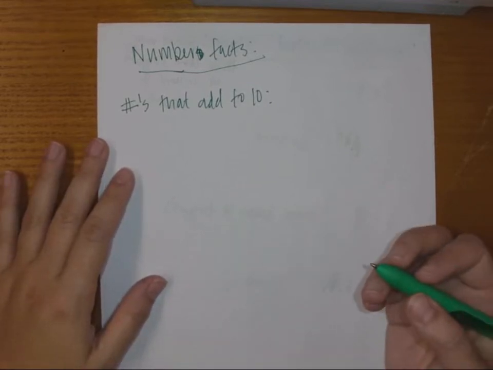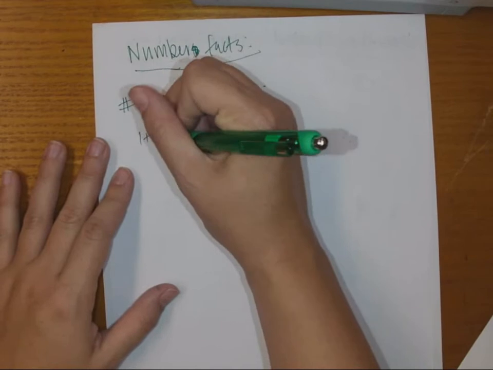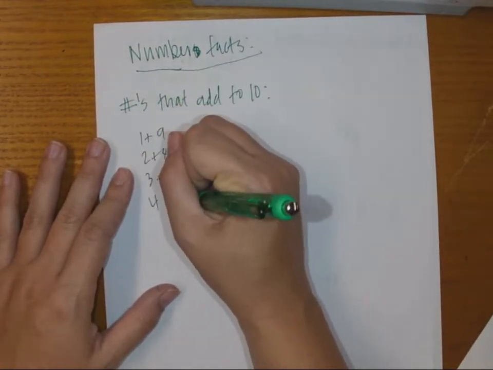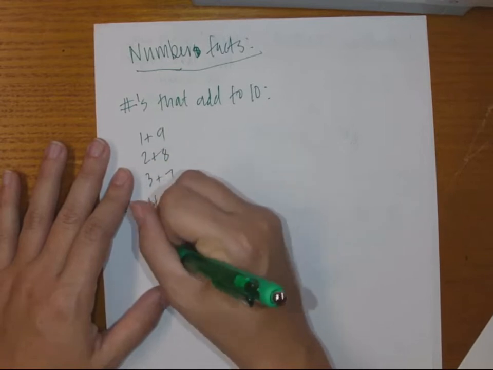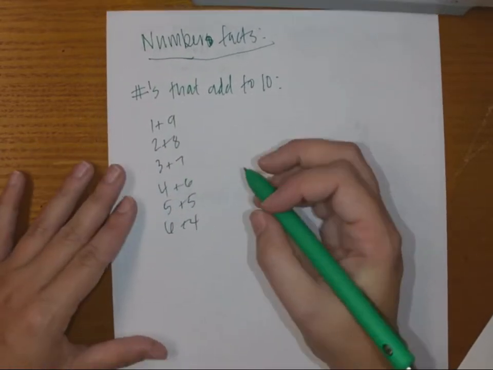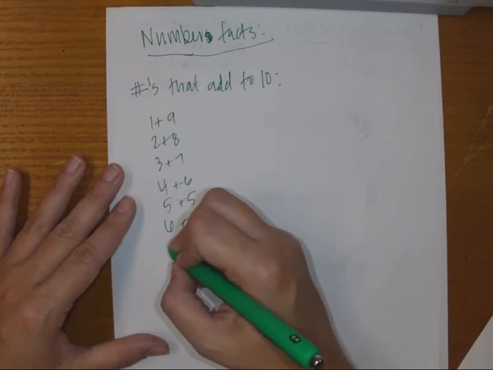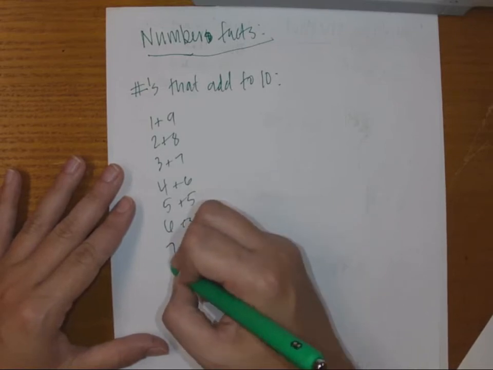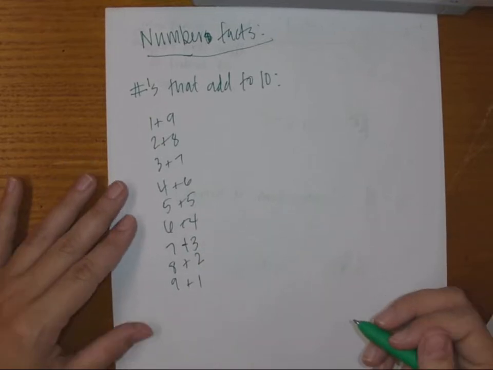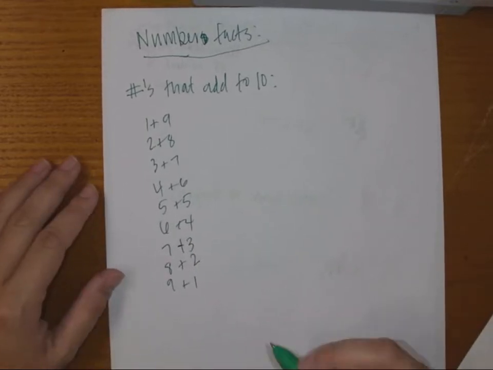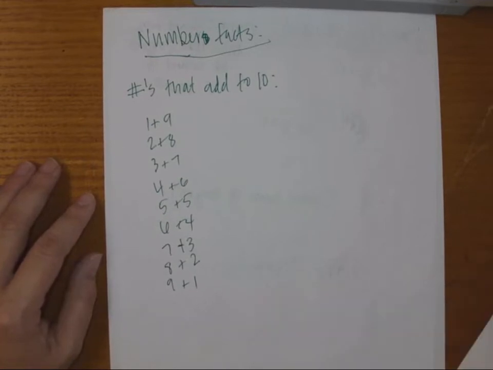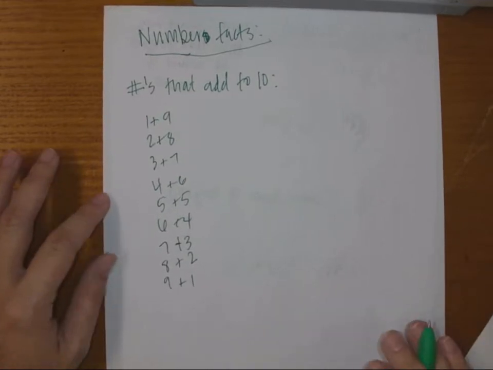So what are numbers that add to 10? 1 and 9, 2 and 8, 3 and 7, 4 and 6, 5 and 5, 6 and 4. Lots of students don't realize 4 and 6 and 6 and 4 are the same thing for a while. 7 and 3, 8 and 2, 9 and 1. So if they can memorize these number facts to make 10, addition problems and subtraction problems become a lot easier.